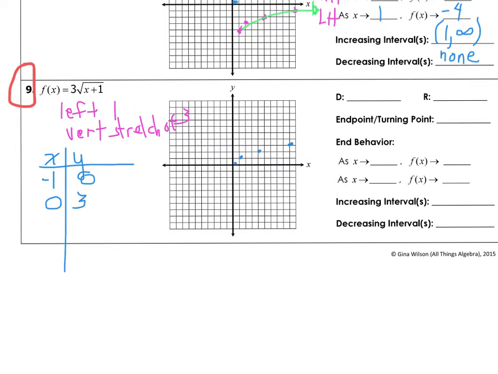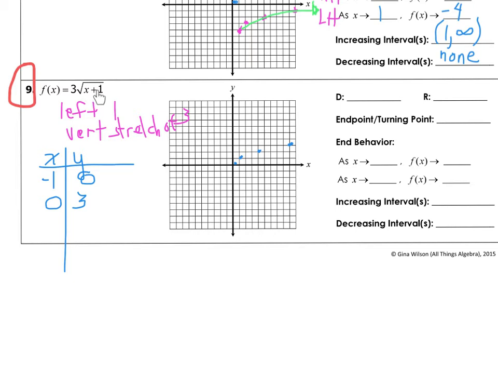Keep going to the right. This time, the next number after 0 is 1. If I put 1 in here, 1 plus 1 is 2. 2 is not a perfect square, so that's not going to work. Well, the next number is 2. 2 plus 1 is 3.